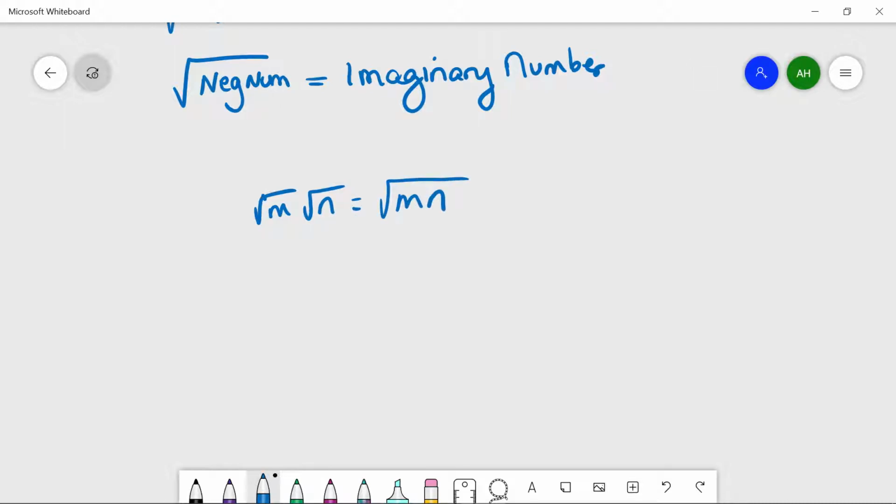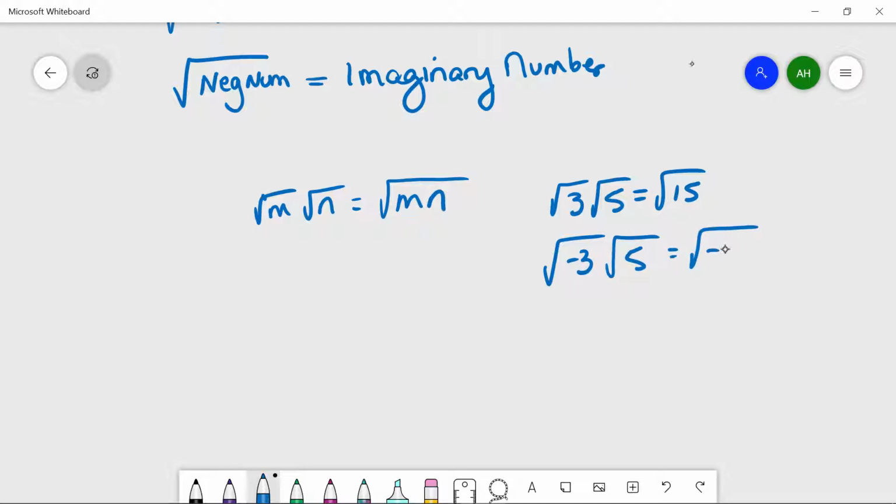The example that they give is the square root of 3 times the square root of 5 is going to equal the square root of 15. The square root of negative 3 times the square root of 5 is going to equal the square root of negative 15. We see that?